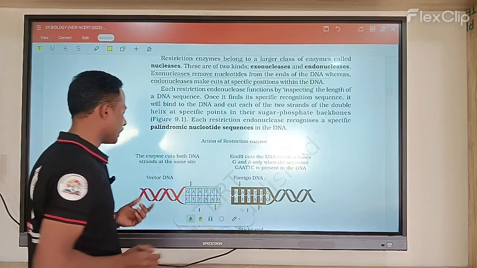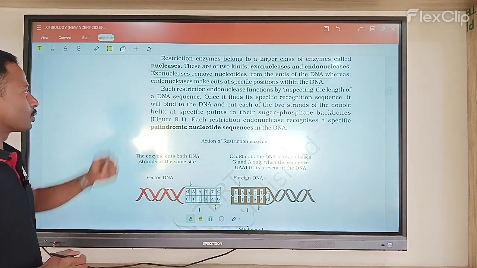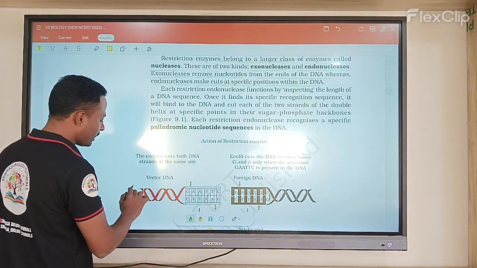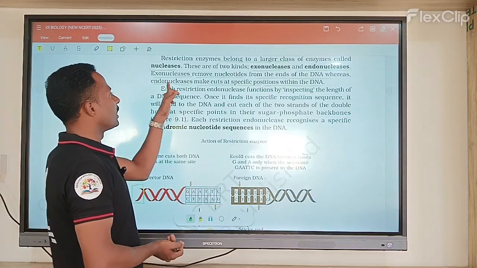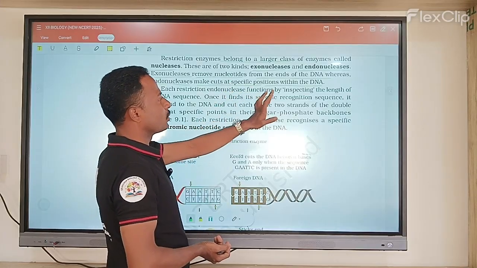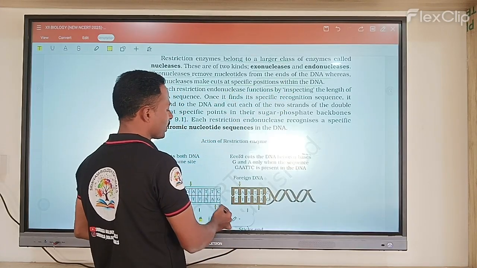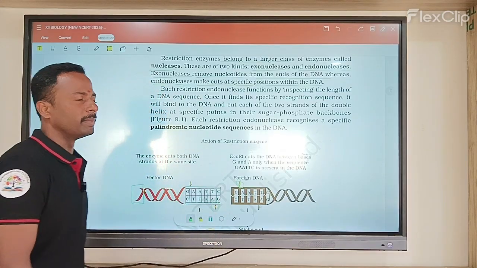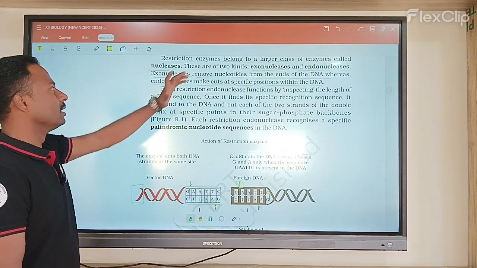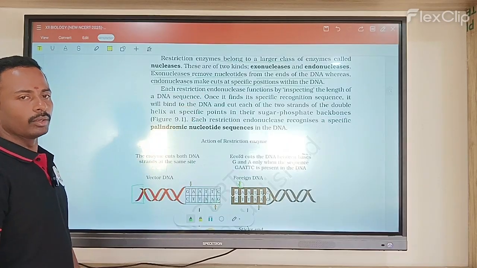So mostly the DNA is cut only at specific locations.